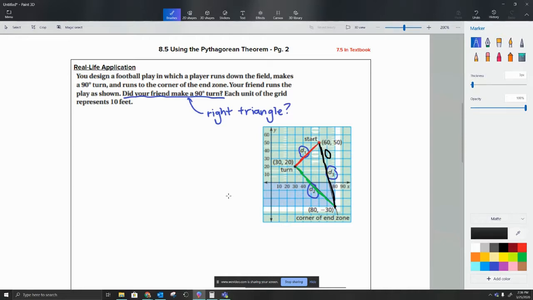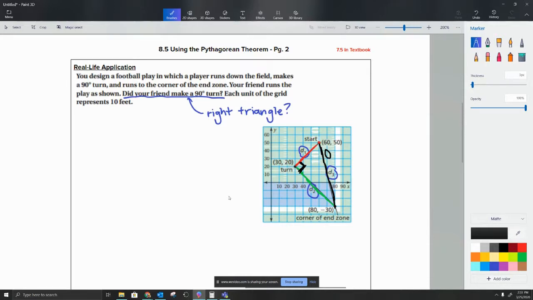So basically, D3 right here represents how far you threw the ball. D1 represents how far your friend ran before he made the turn. And D2 is how far he ran to get to the ball, which is in the air. So they're saying, is this a 90-degree angle right here? Before we can answer that, we first have to figure out how far did your friend run before he made the turn?